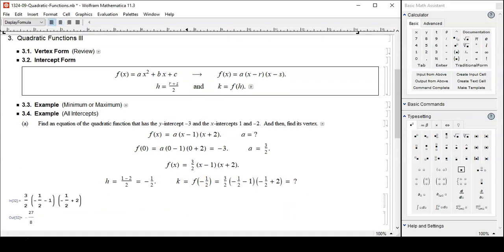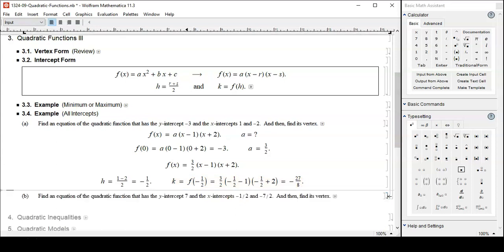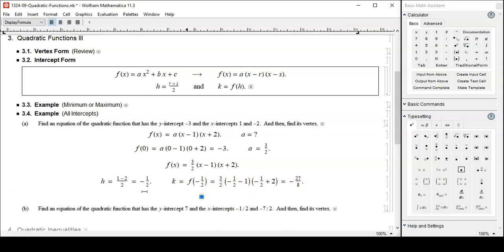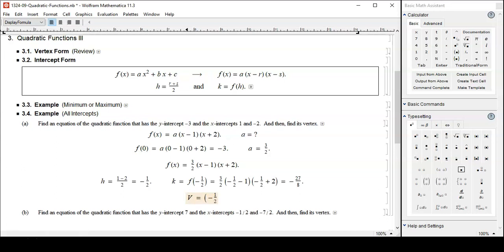Negative 27 over 8. That's got to be the answer. So the vertex is negative 1/2, comma, negative 27/8. That's the vertex.